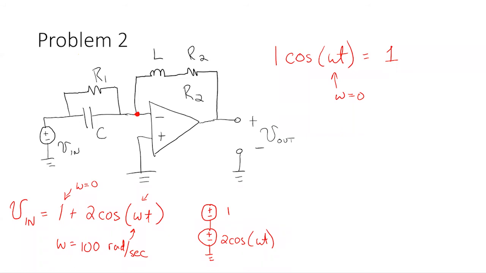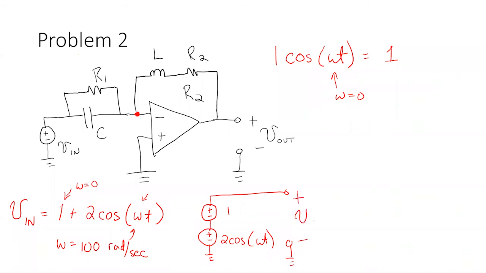We had a problem like that in the homework, right? I like this problem because the trick is I can't analyze with both of them at once and use impedance. It doesn't work. If I'm going to use impedance, I look at one frequency, then I move to the next frequency.